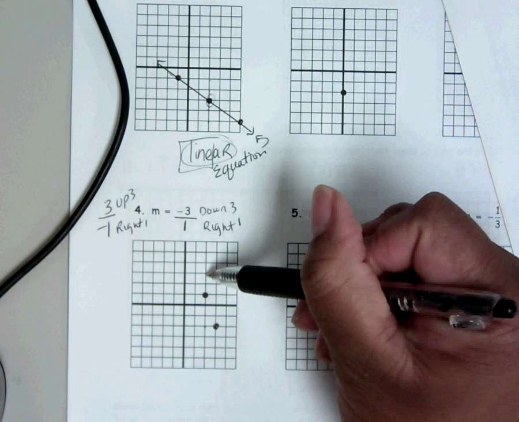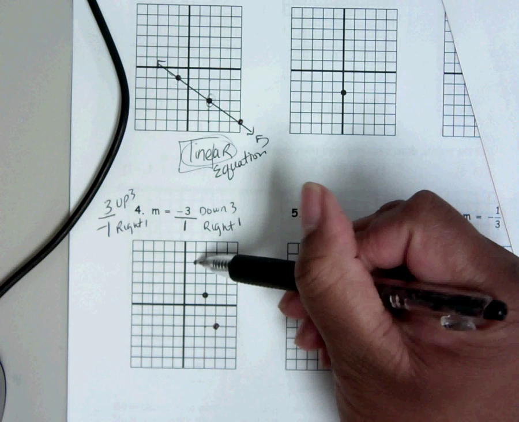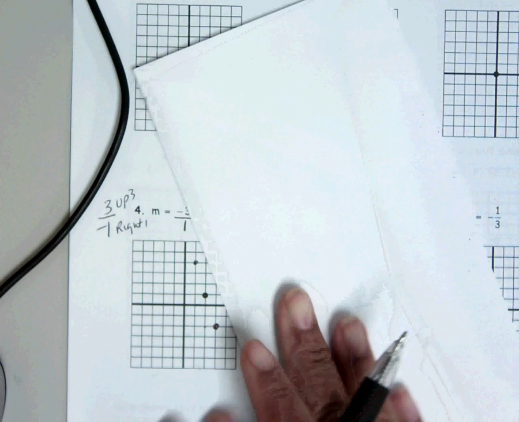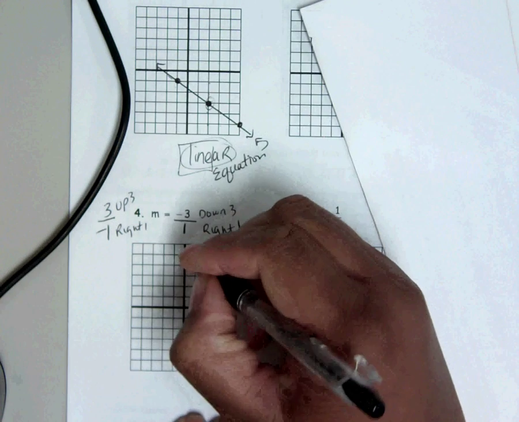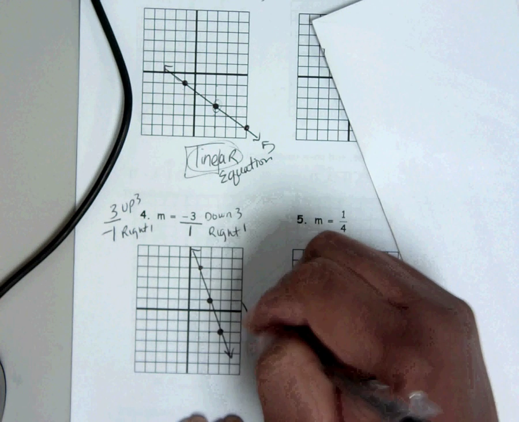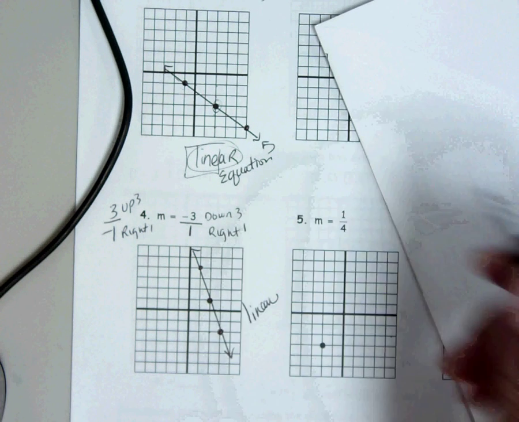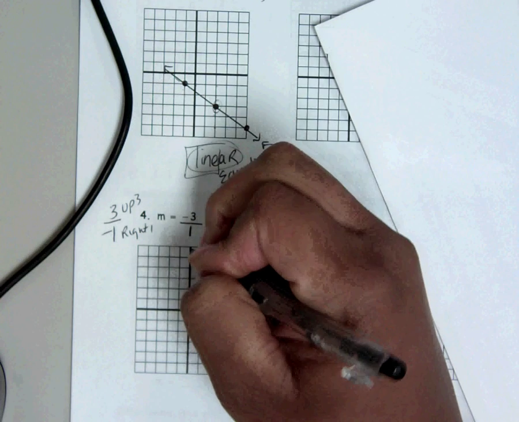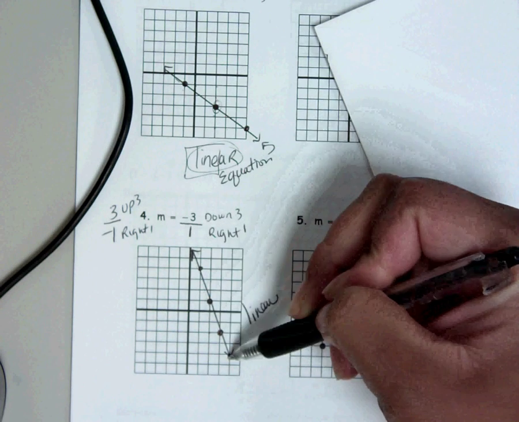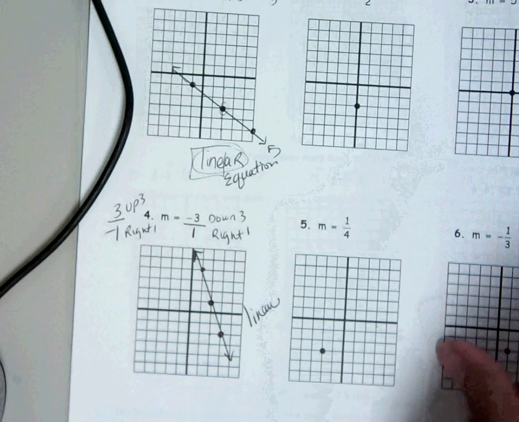So up 1, 2, 3 and right 1. And then I use my straight edge. Hopefully you're using your ID badge. And now I see that this is linear. And whatever the linear equation was, it was graphed, and here's the result of it. So you can do the rest of them.